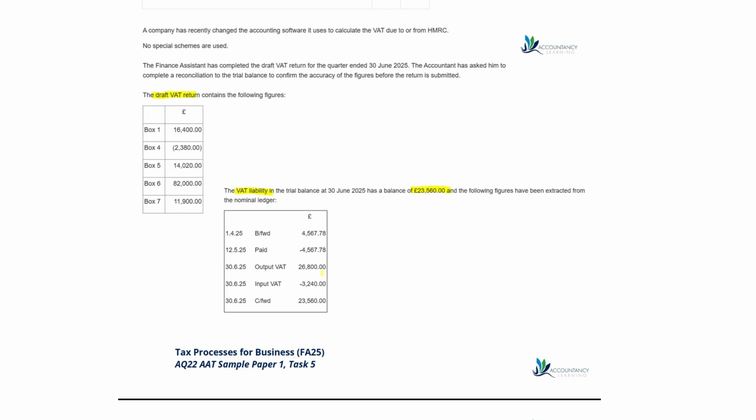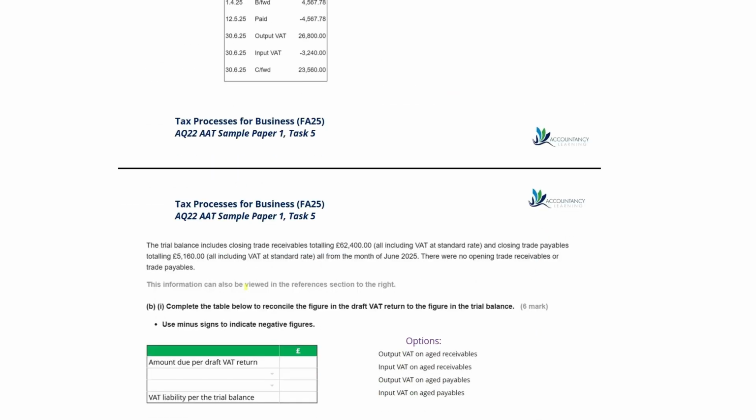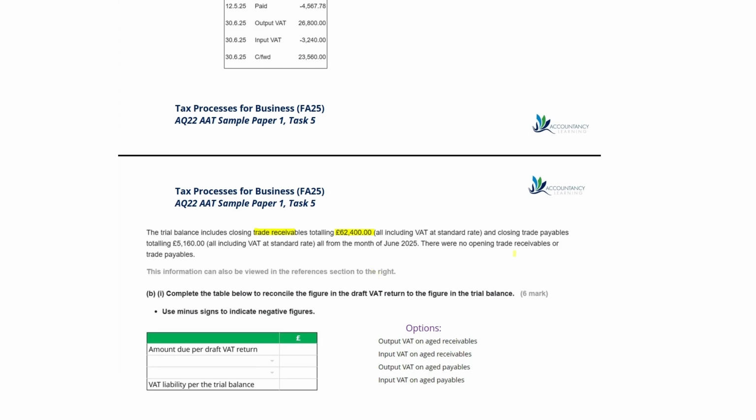And our final balance is 23,560. Now the question goes on to tell us that the trial balance includes closing trade receivables, which is totaling 62,400 including VAT at standard rate, and closing trade payables of 5,160, again including VAT at a standard rate. And these are all from the month of June.